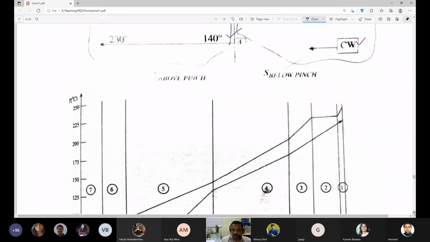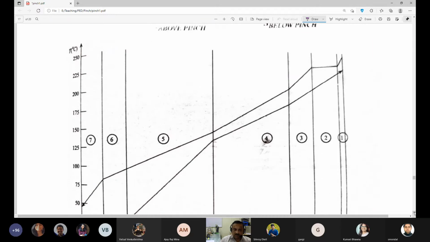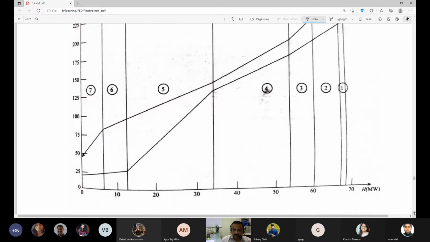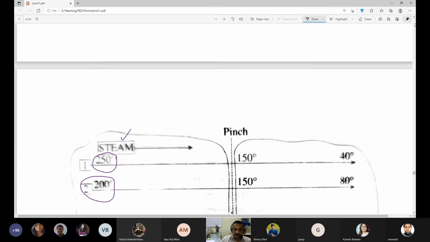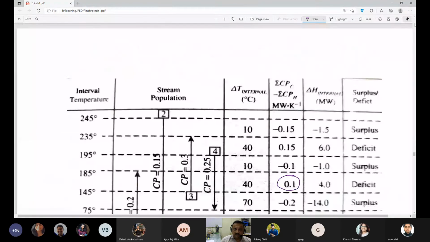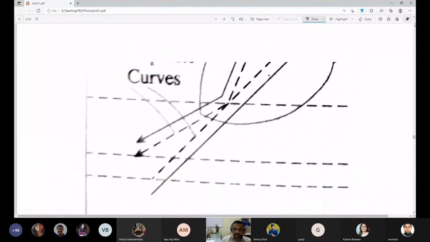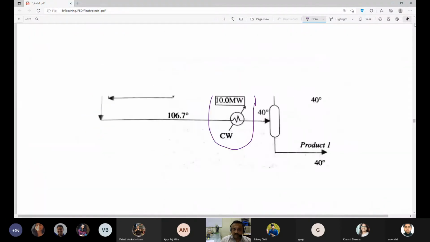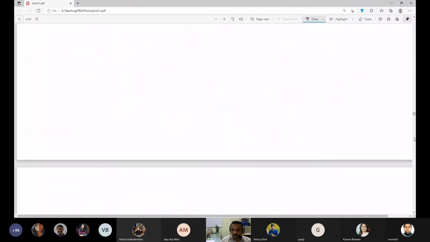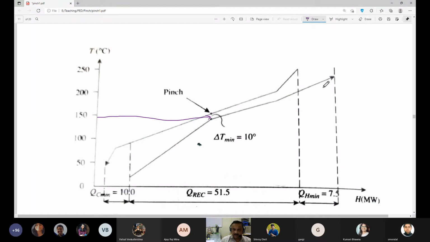Now, if you try to draw a composite curve, one thing we need to note here is that though we have drawn this composite curve, there were changes in slope in many places. In this location I have a slope. In this location up to some point I have another, so there would be changes in slope in many different places, not just one.